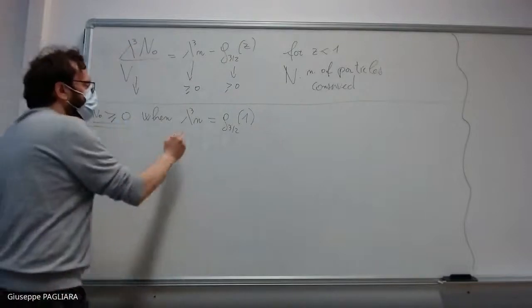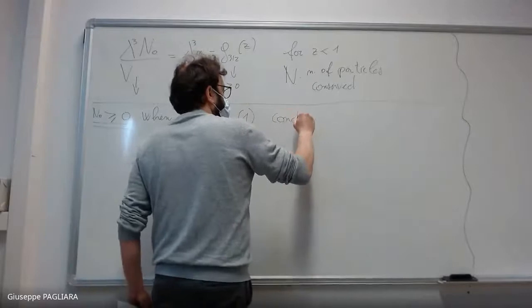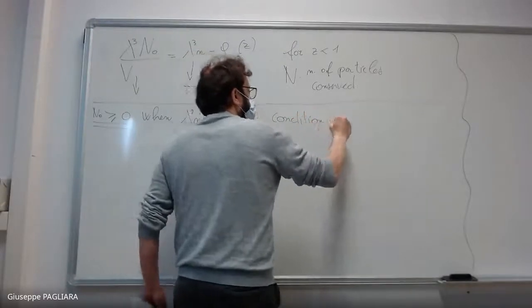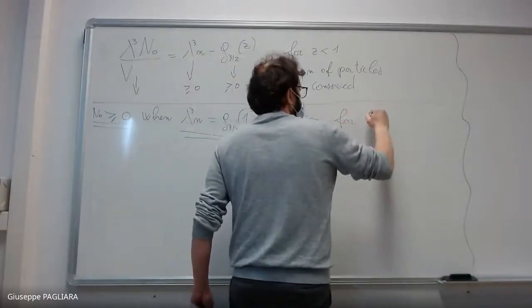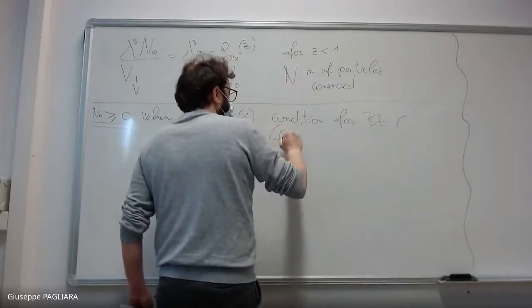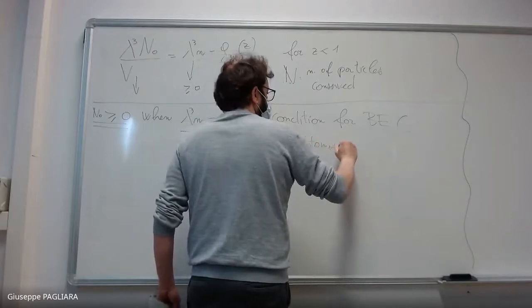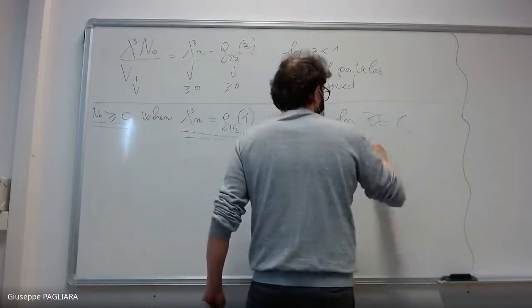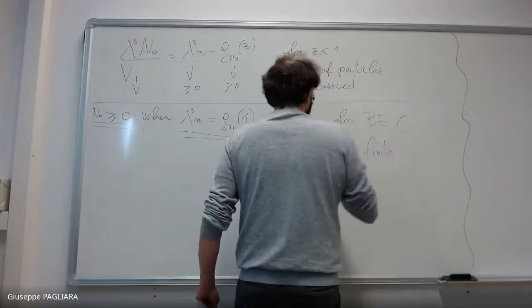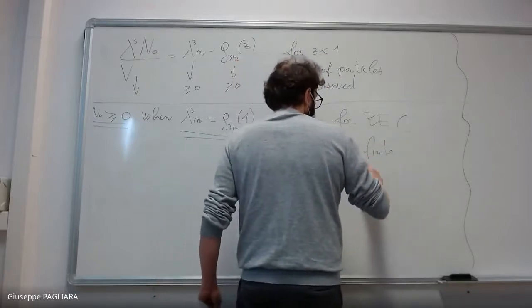So this is the threshold condition for BEC, which is the condition for obtaining a finite value of n_0.